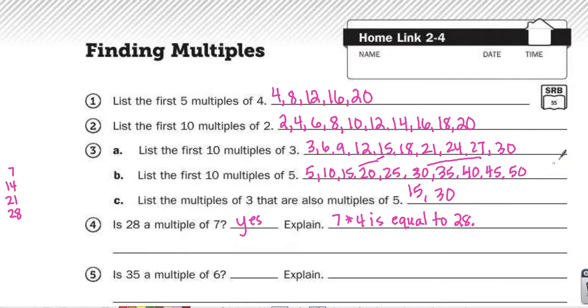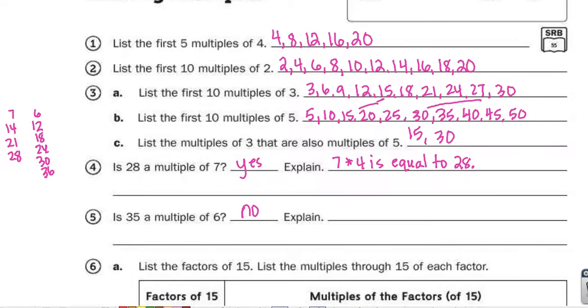Is 35 a multiple of 6? 6, 12, 18, 24, 30, and 36, so the answer would be no. 35 cannot be divided evenly by 6. Or we could say 6 times a number does not give us 35.